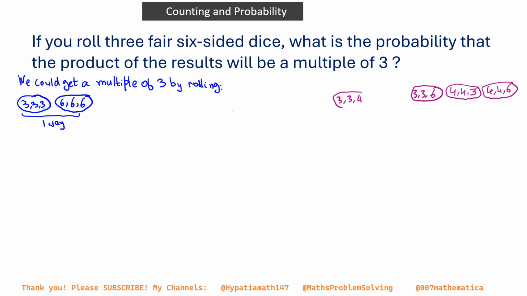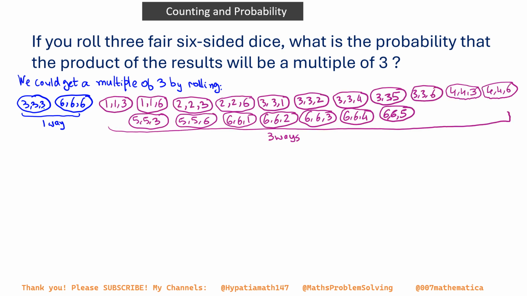The next is quite a large number of ways. So each of these you can do it 3 ways. So you could have a 1 1 3, or you could have 1 3 1, or you could have 3 1 1.